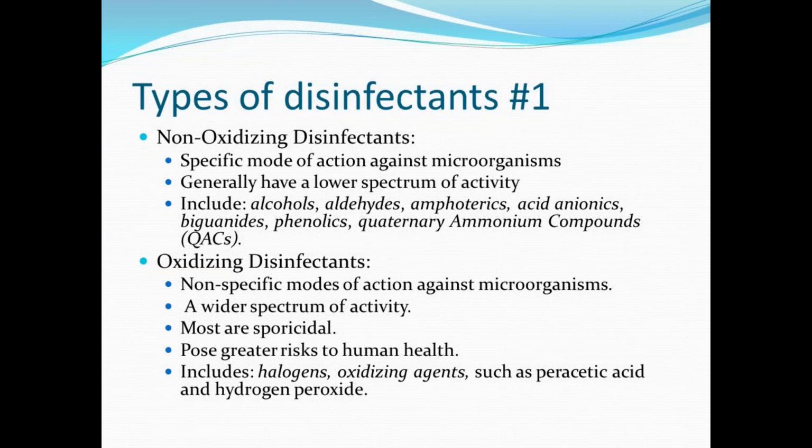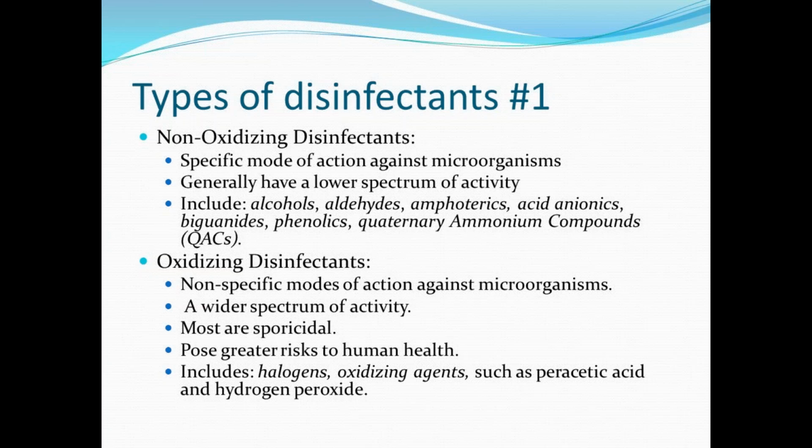In the second group, we have oxidizing disinfectants, and these generally have non-specific ways of acting against microorganisms, so they might kill in more than one way. In the case of many chlorine-based disinfectants, no one is still entirely sure exactly how they go about killing. These have a wider spectrum of activity.